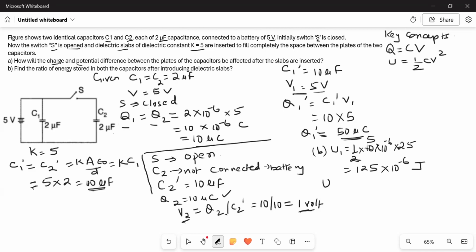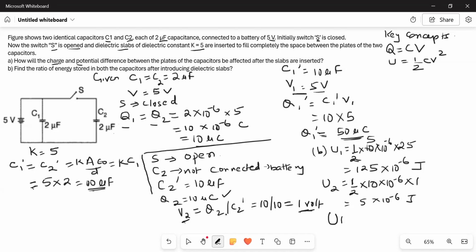What will be the energy of the second capacitor? Using the same formula, half C, this capacitor also has the same capacitance, 10 into 10 to the power minus 6, but its potential is just 1. So this becomes 5 into 10 to the power minus 6 joules.